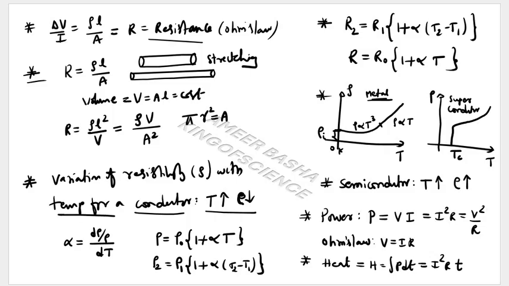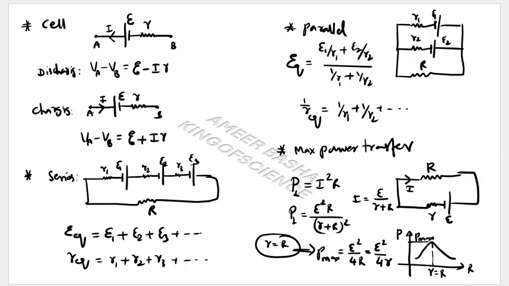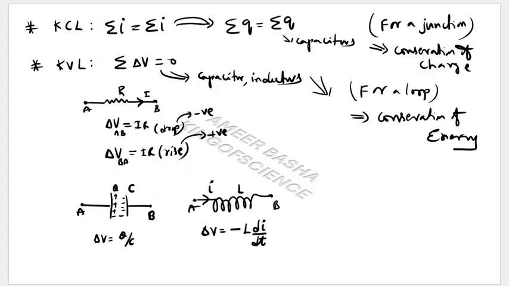Afterwards, the important topic of power and heat. Then cell charging and discharging, series and parallel combinations. What is the maximum power transfer theorem? Then importantly, Kirchhoff's current law with the junction rule, and Kirchhoff's loop rule, that is the voltage law.